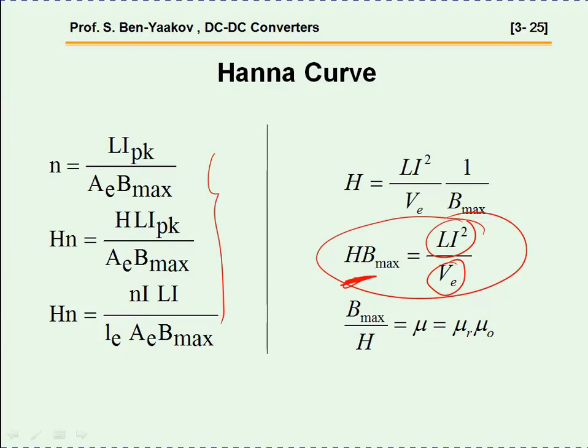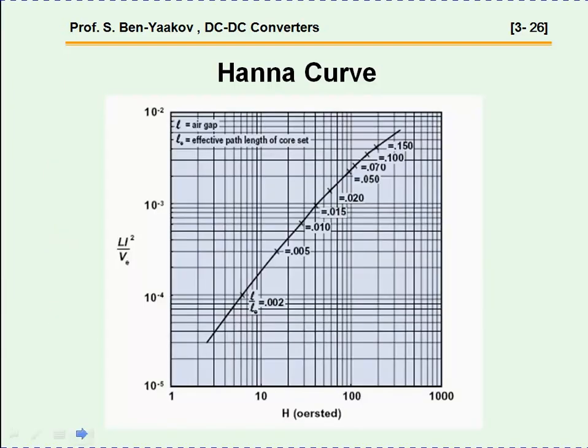And based on this, Hama, a scientist, suggested this type of curve, which is very interesting. Here is the magnetic field, N times I, and here is Li squared over Ve, energy per volume. And this curve is for various gaps.